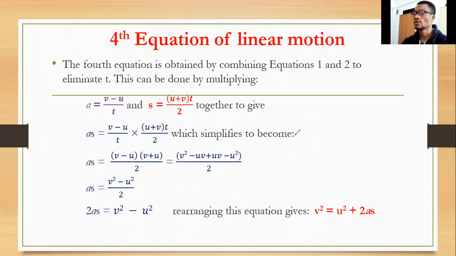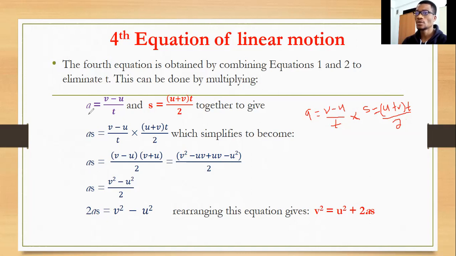So we have this equation, a equal to v minus u over t, velocity over time, multiplied by our equation 2, which is s equal to u plus v, all of them in brackets, multiplied by t divided by 2. Something like this. This is what we have, right?